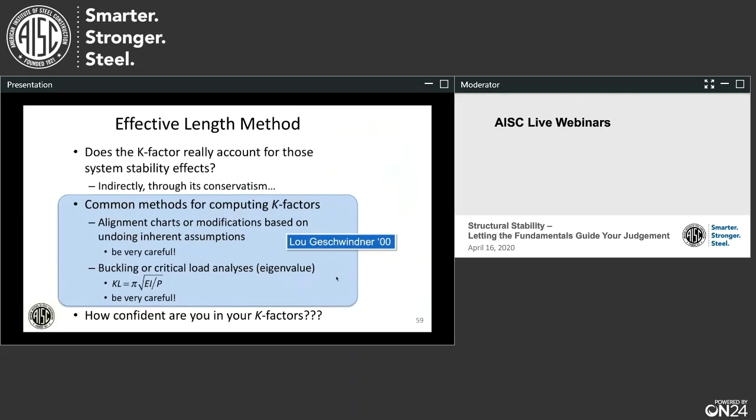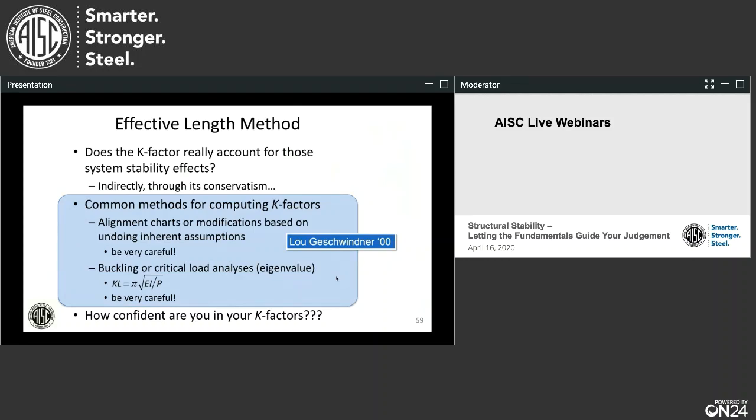On the other hand, you could do an eigenvalue analysis and back-calculate K factors. And several folks are doing that. The only danger is if you have a portion of a structure that's being controlled by the buckling, you'll get good K factors down there. But if you have another portion that is not controlled by the buckling, you're probably going to have some pretty light forces in those members.